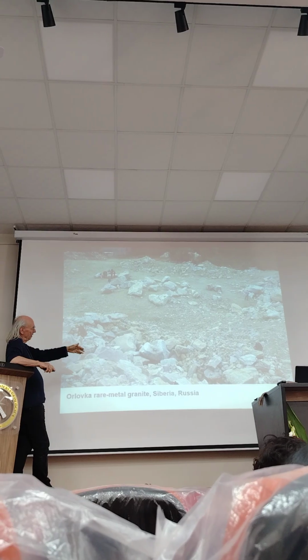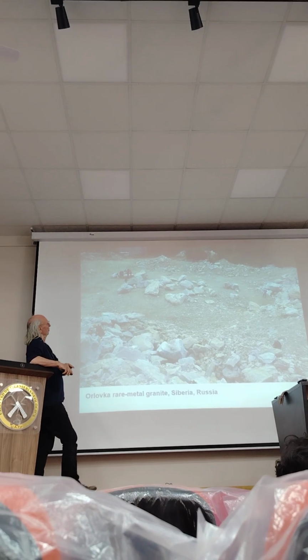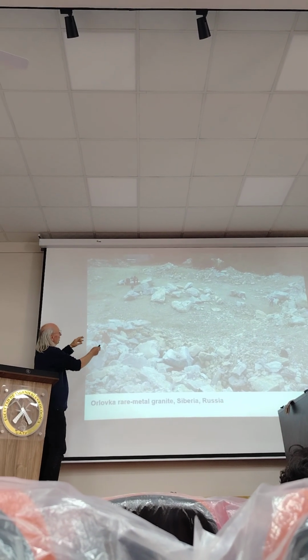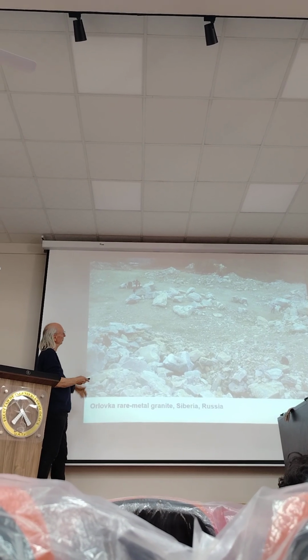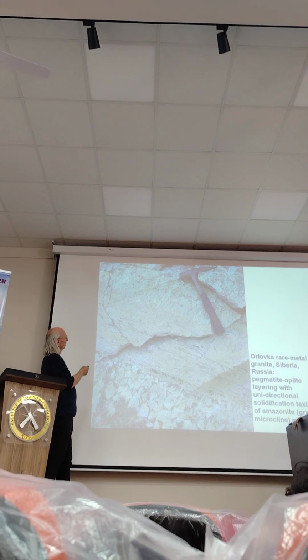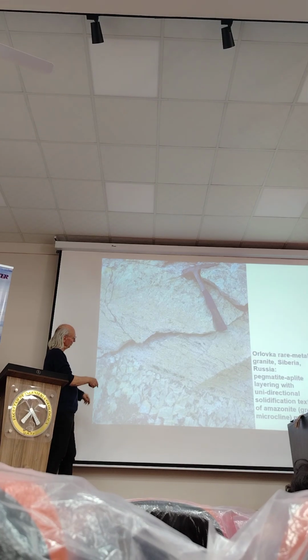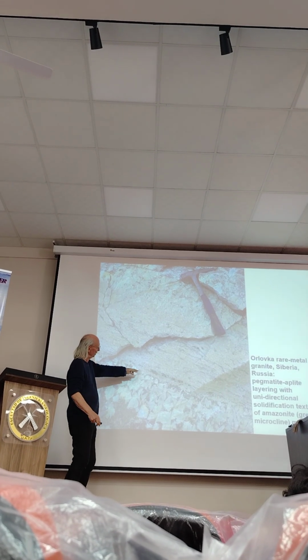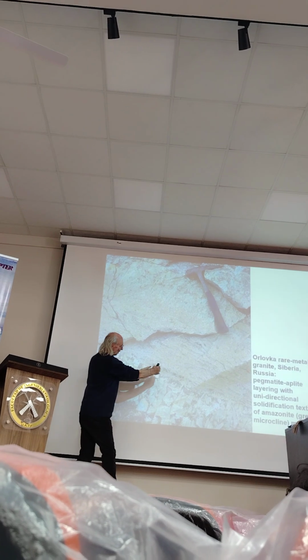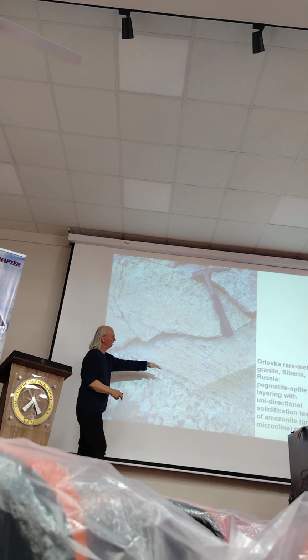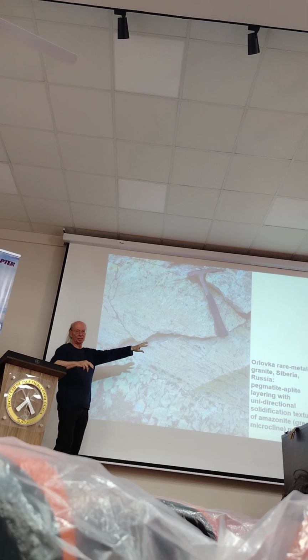Well, this is another beautiful example. This is in Siberia, the Orlovka metal granite. You see these big blocks here. This is an Amazonite granite, a highly evolved granite. There are unidirectional solidification structures. You see the feldspar crystals here; they are aligned perpendicular to something which crystallized before.